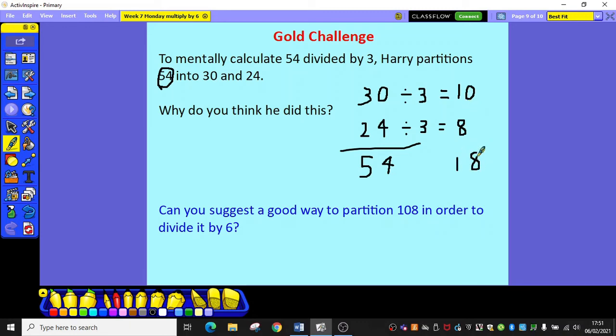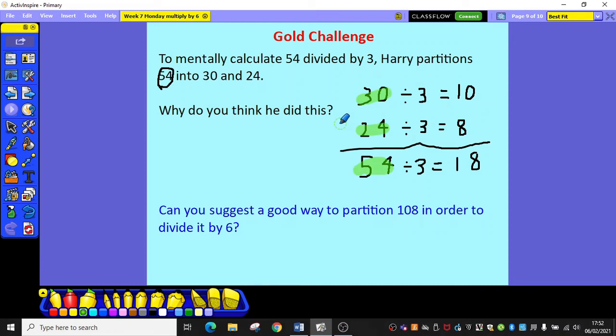So if I just extend this line across, 54 divided by 3, the answer was 18. So what Harry did is he took the 54 and he split it up into multiples that he could divide by 3 quickly and efficiently.